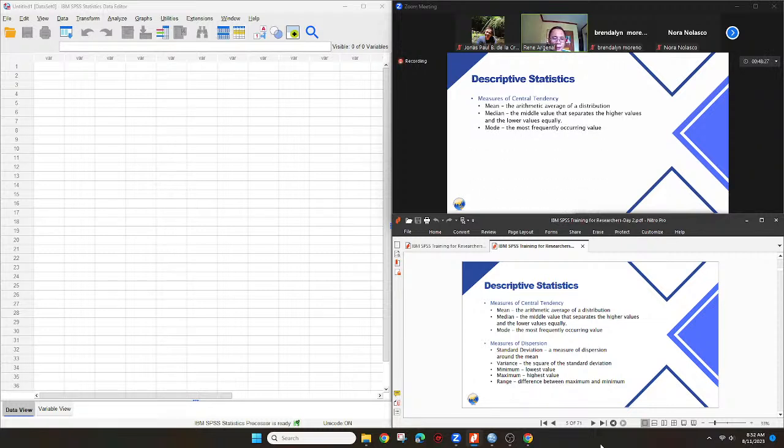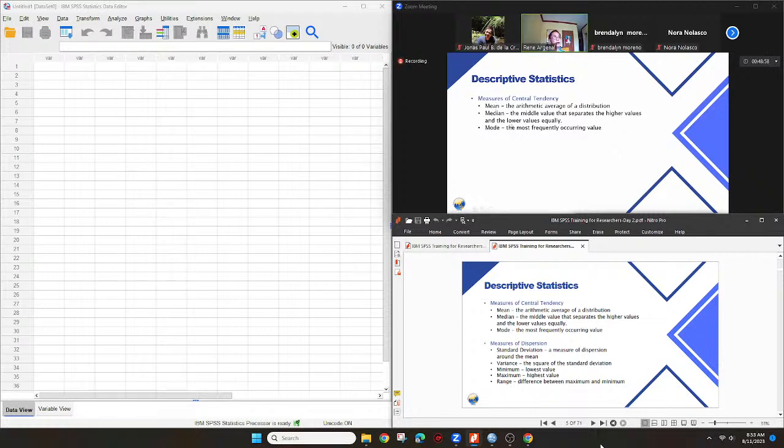And then the mode is the most frequently occurring value, that is the value with the highest frequency. And if you remember yesterday, we discussed the four levels of measurement. So if the data are quantitative, either interval or ratio, then the most representative measure of central tendency is the mean.